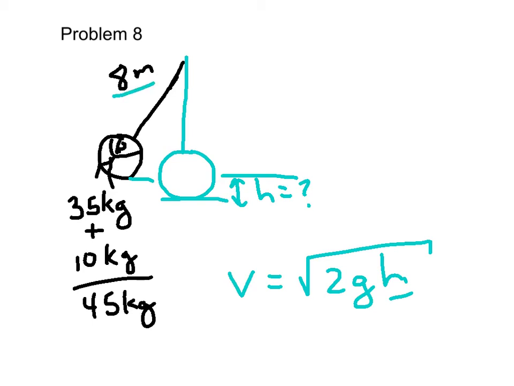We know that the length of the rope is 8 meters. So when it's hanging straight down, we know that it's hanging down a distance of 8 meters, right? That's pretty straightforward. However, when it's at an angle, it's not hanging down the same length because the 8 meters is now angled off to this side.